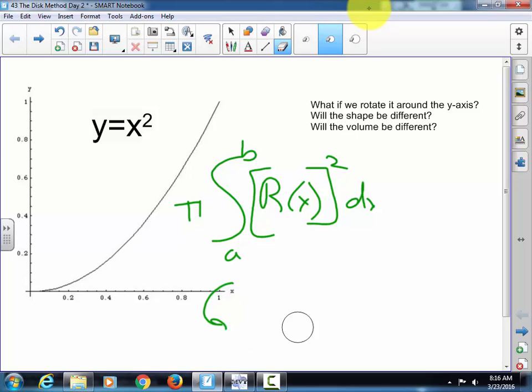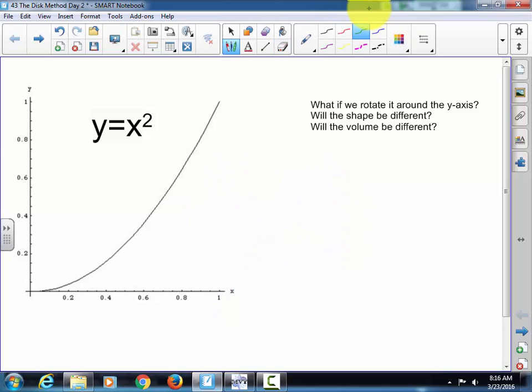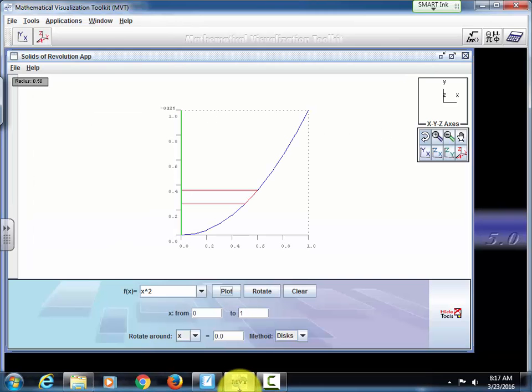Today we're going to take the same problem to begin with, but now we're going to rotate it about the y-axis. Okay? So just to give you an idea, here's what the figure is. Now if we're rotating it about the y-axis, our discs are going to be coming out of the wall, and they're going to be going around this way.